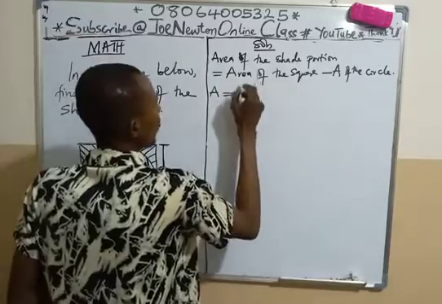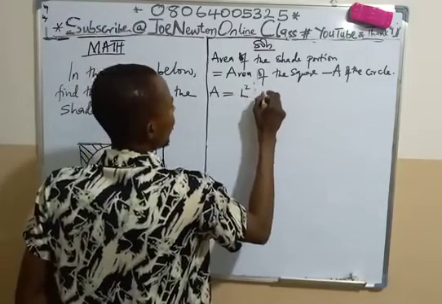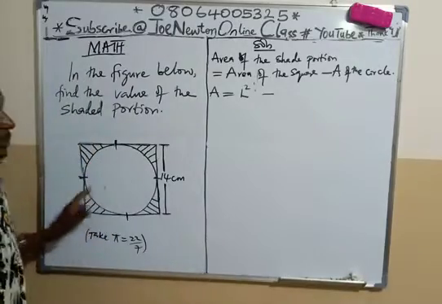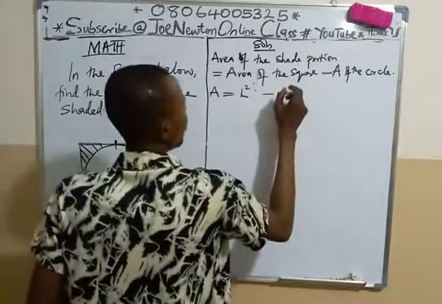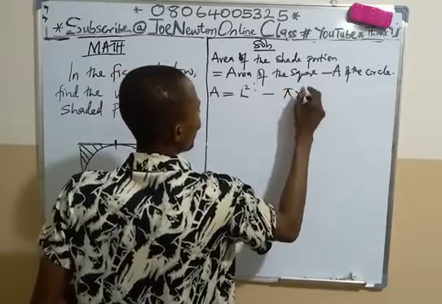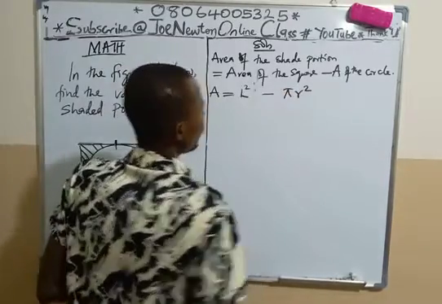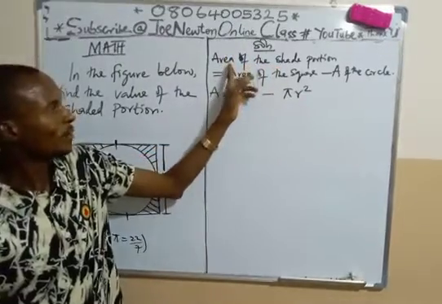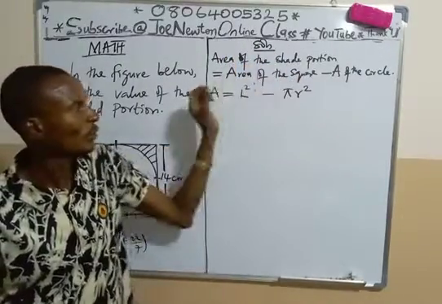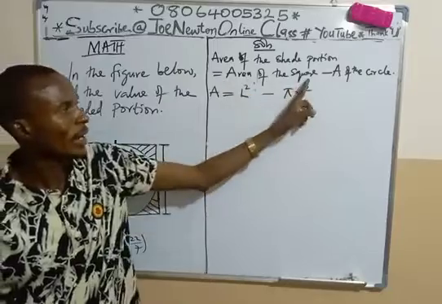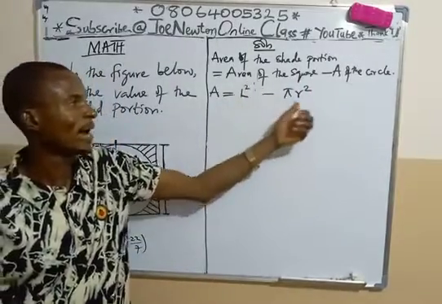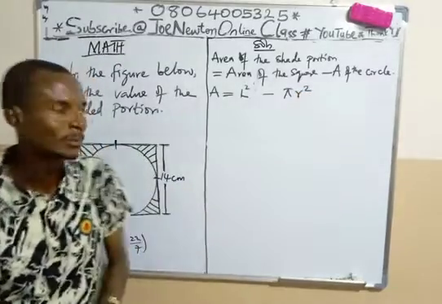So this length square minus area of the circle should be pi r squared. So the expected area of the shaded portion is equal to area of the square minus area of the circle, which is L squared minus pi r squared. This is area of circle.